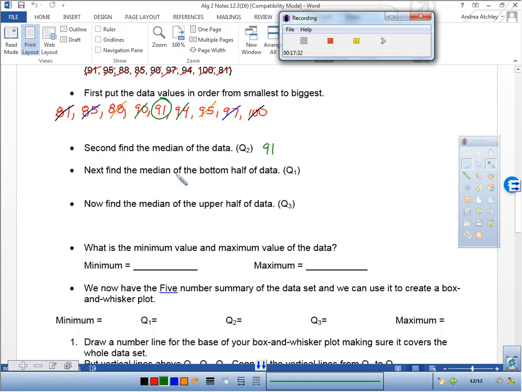Then we're going to find the median of the bottom half of the data. So now we're only going to look at this part here, and we're going to find the median of that. We're going to do the same thing. I'm going to go here and then here. And since I have 2 in the middle, I need to add 85 plus 88 and divide it by 2.